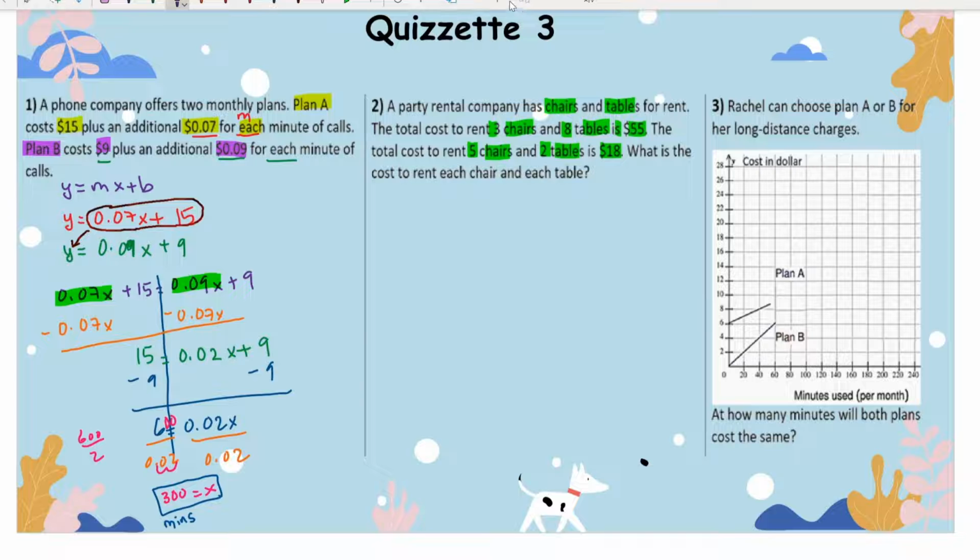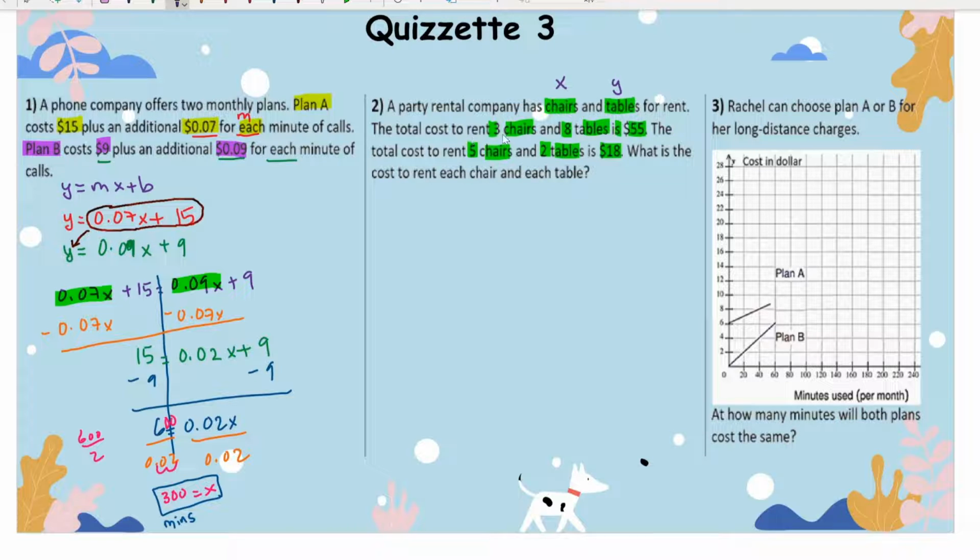Alright, so the setup of the problem is kind of straightforward. A party rental company has chairs and tables, so we're going to let x represent the cost of the chair and y represent the cost of the table.